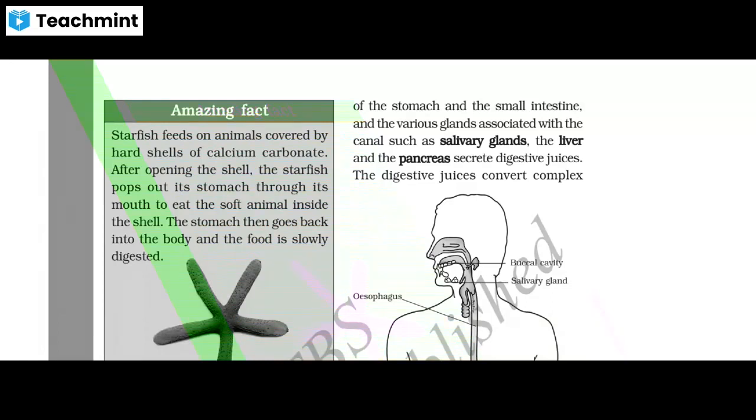Once the hard shell gets open, the starfish pops out its stomach, and through its mouth it eats that soft animal, and after that it is slowly digested.